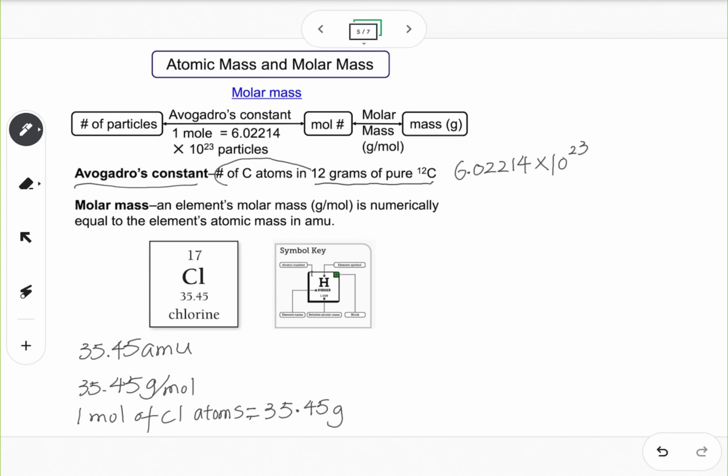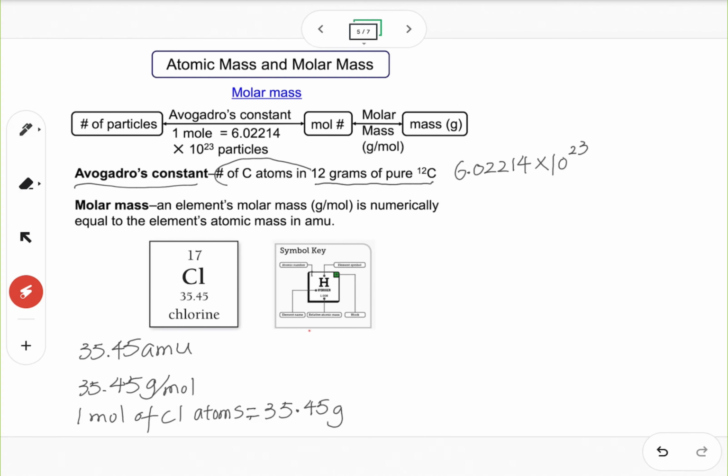How do we identify the molar mass or atomic mass in chemistry? Again, from a periodic table. Different periodic tables present the atomic mass slightly differently, but usually you can always see the example.